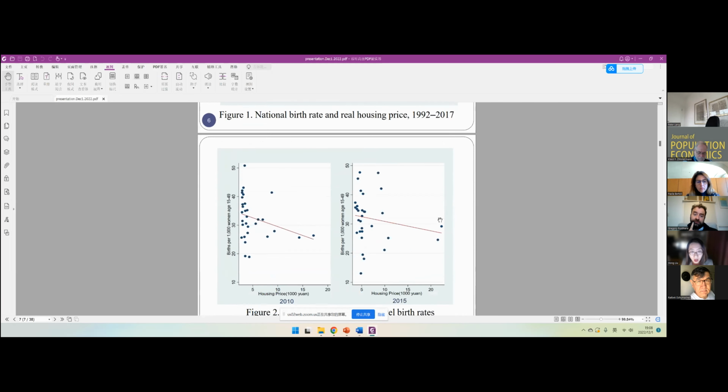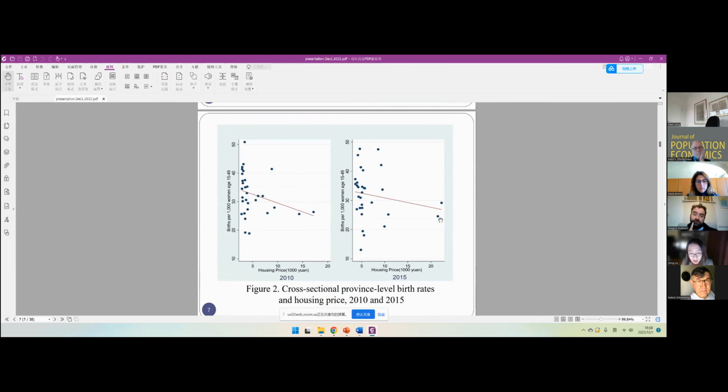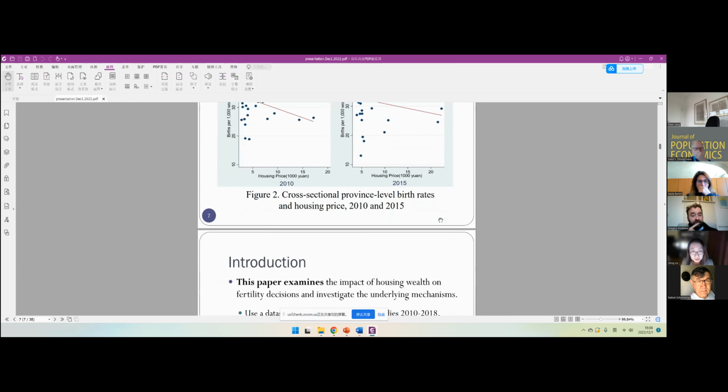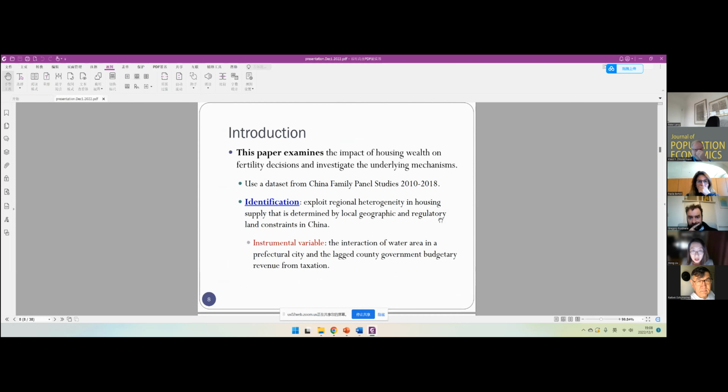We can also observe a negative correlation between housing price and the fertility rate at the province level. So this study tried to identify the causal effect of housing wealth on fertility by exploiting regional heterogeneity in housing supply that is determined by local geographic and regulatory land constraints in China.